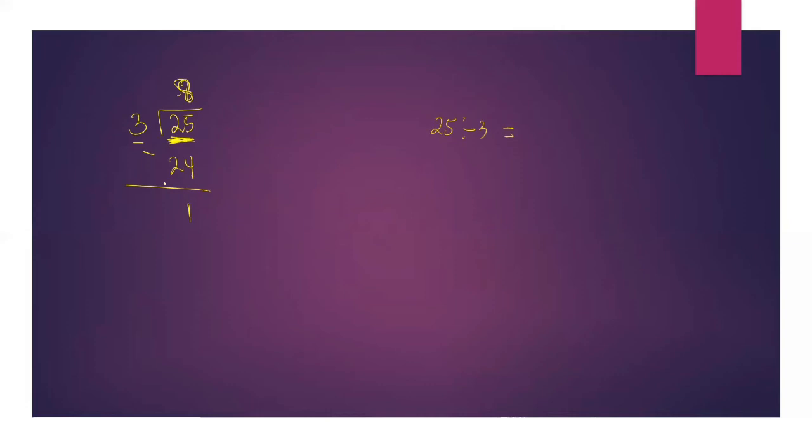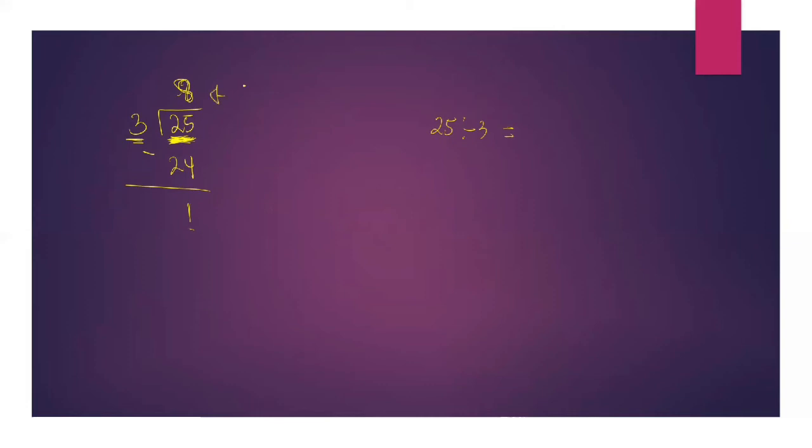So, paano siya ngayon? Yung 1 natin, let's divide it to 3. Pwede po ba siya? No. Pag hindi pwede, we will bring down the next digit. Meron pa po ba tayong next digit? So, pag wala na, then this is our answer. Wala na tayong gagawin. But, yung 1 natin, o diba, the 8 is quotient.